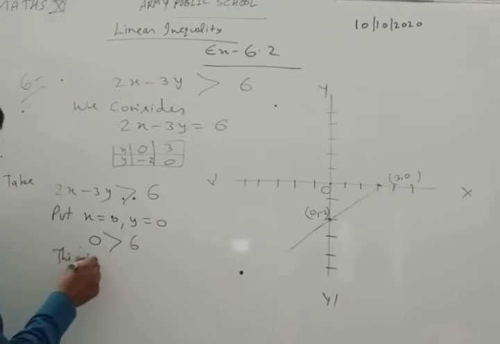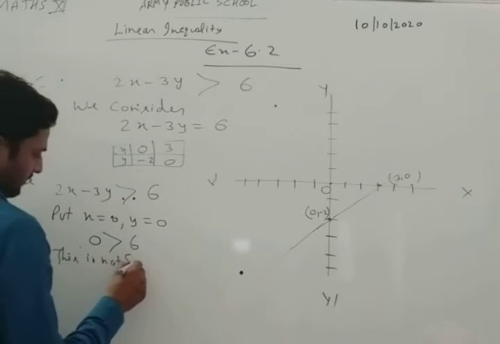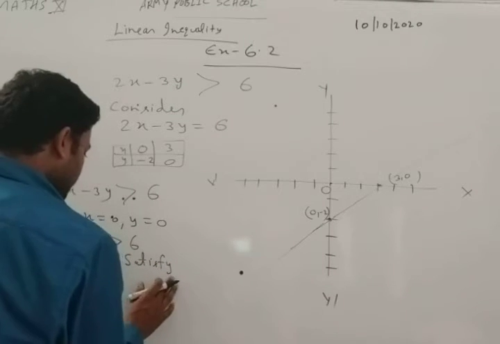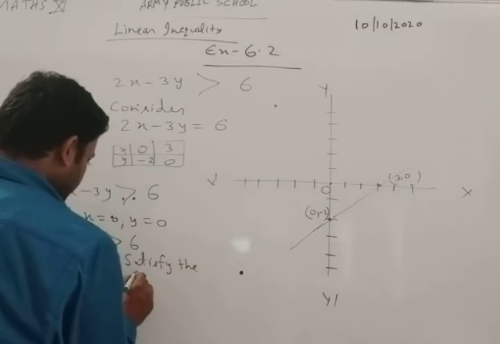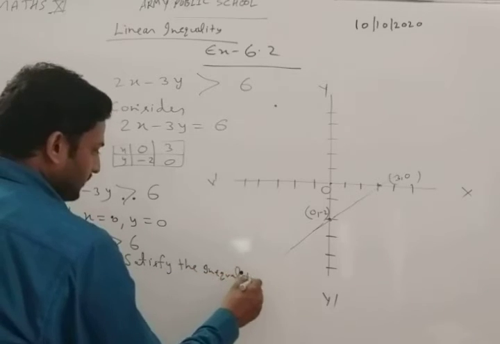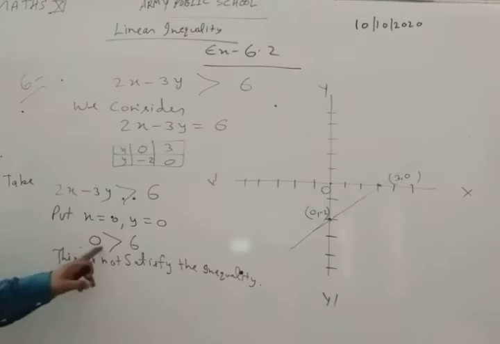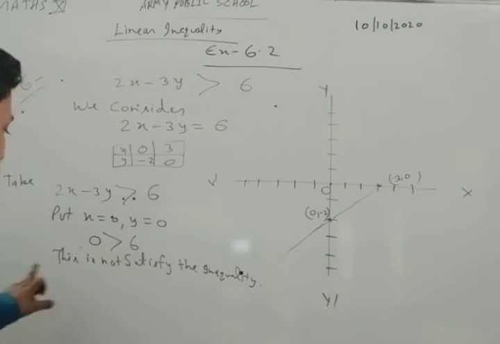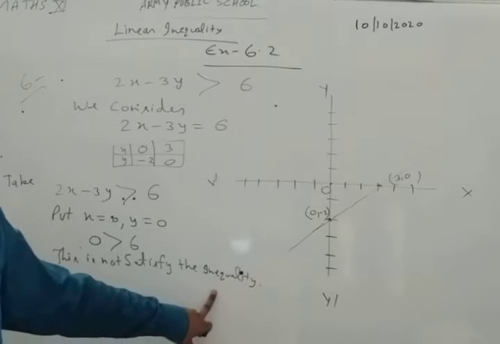This is not satisfying the inequality. 0 cannot be greater than 6. So this inequality is not satisfied.